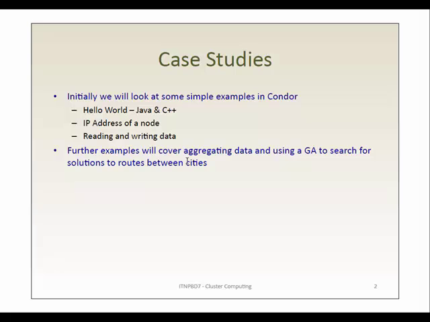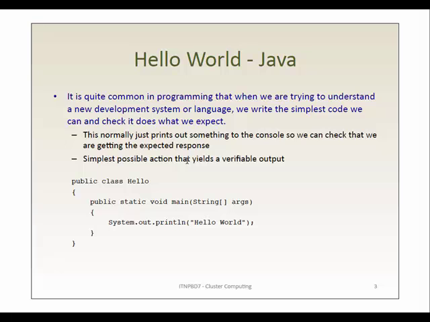You're all familiar with the idea of a Hello World example, which is let's just get the simplest piece of code we can that does something in that language, even if it doesn't make it useful, just so we know it's worked. This code shouldn't come as a surprise to anybody. Perfectly happy with that? Java's version of Hello World.